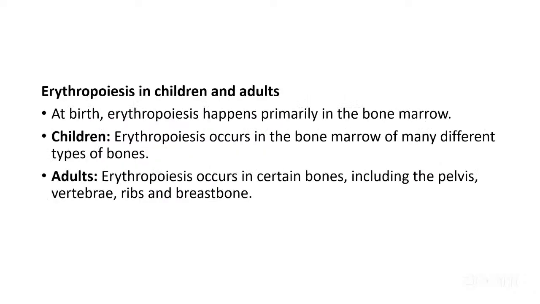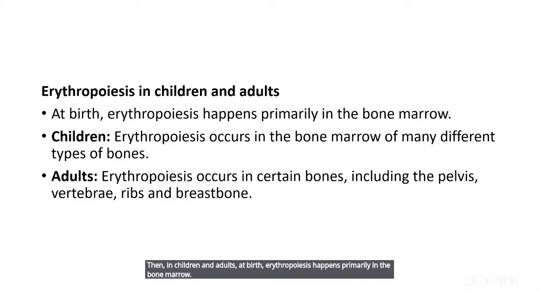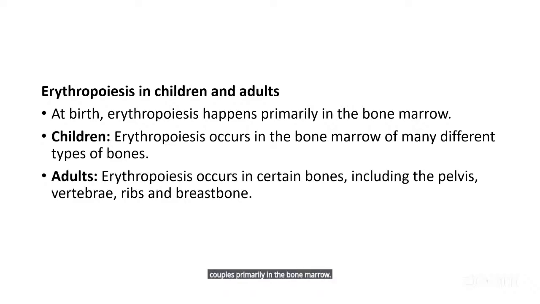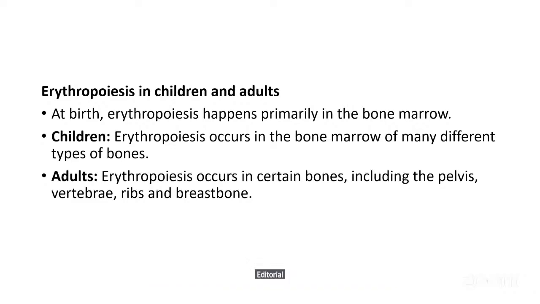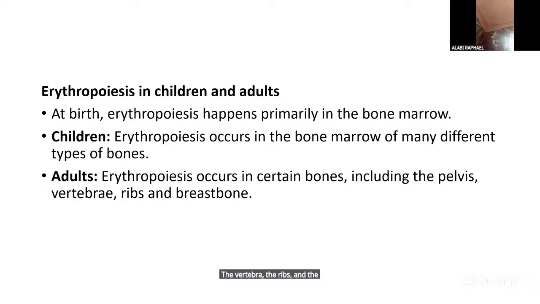Then in children and adults, at birth, erythropoiesis happens primarily in the bone marrow. In children, erythropoiesis occurs in the bone marrow of many different types of bones. In adults, erythropoiesis occurs in certain bones, which include the pelvis, the vertebra, the ribs, and the breastbone.